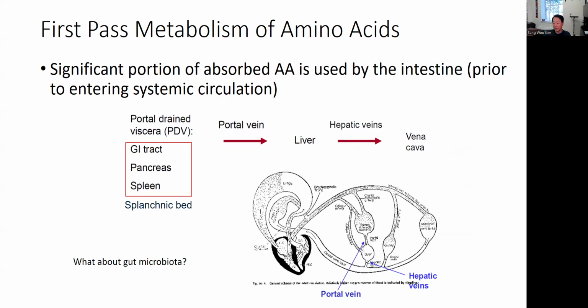I'm just challenging this because earlier we did not have enough information or knowledge about how much amino acid will disappear or be catabolized by the intestine even before they enter the blood circulation, so the muscle can use them for building muscle tissue.